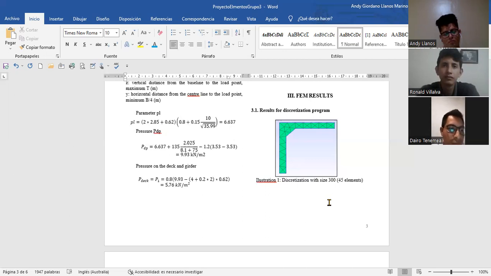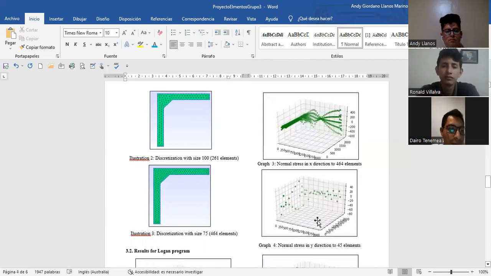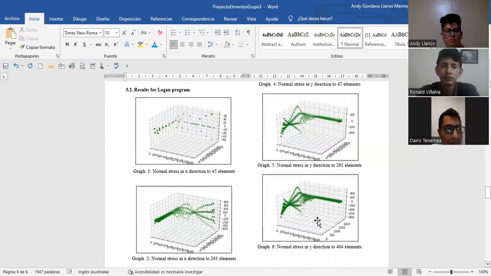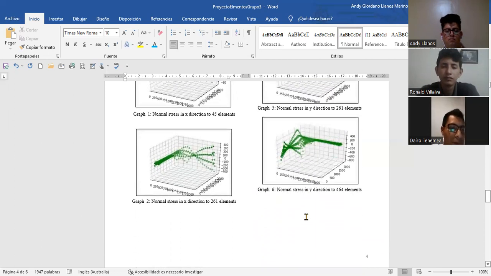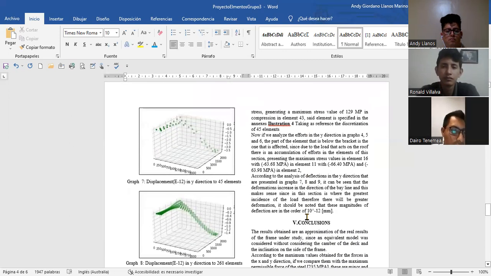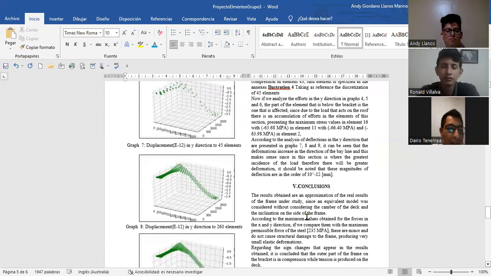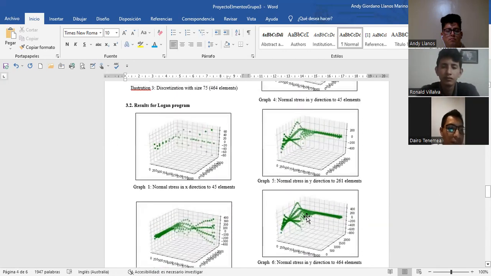And so the results we will obtain from the program are the parameters of the normal stress in the x and y direction, and the deformations in the x and the y direction too. We can see the graphs 1, 2, 3.